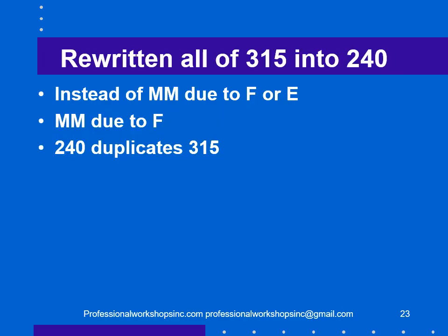They have rewritten all of 315 into 240. So instead of assessing material misstatement due to fraud or error, or both, or either, 240 is now all about material misstatement due to fraud, and it entirely duplicates 315.